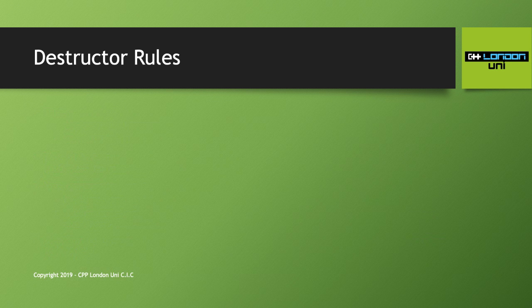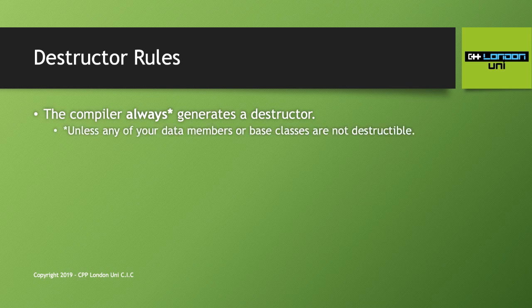These are fortunately slightly simpler. First of all, the compiler always generates a destructor, except when any of your data members or base classes are not destructible, except that's incredibly stupid and useless. Somebody would have needed to mark their destructor as private or deleted.